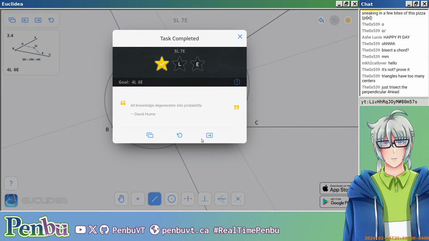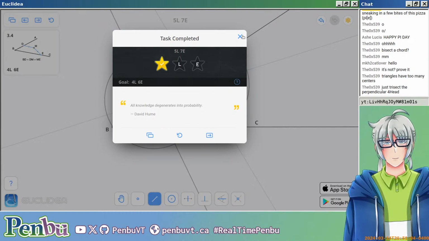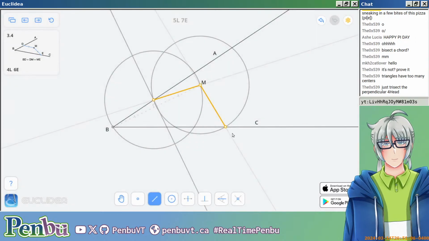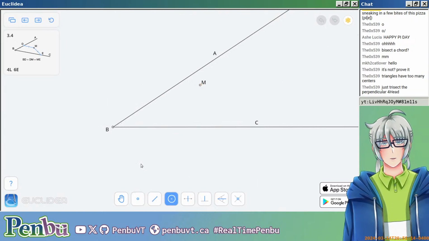Okay. We did that in 5, we need to get it in 4. And I think we actually don't need this line, whatever this line was. Actually, no, we do need one, because that's the bisector.